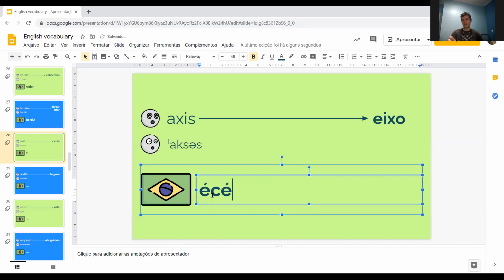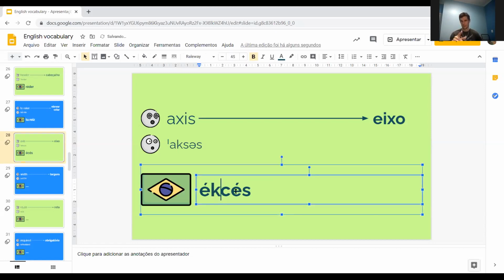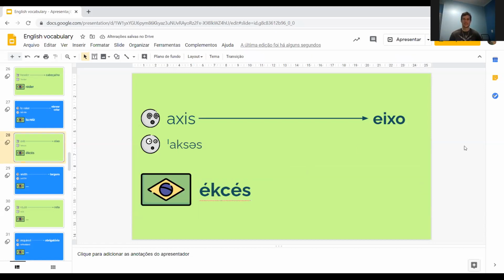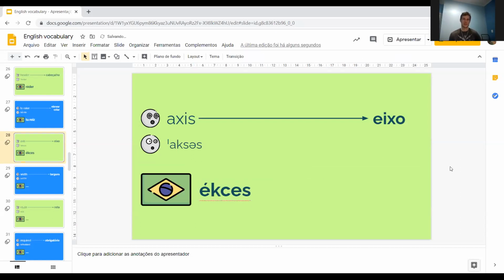What you wrote was more of an E sound, like a short E. But this word is axis. And you got to emphasize the first syllable. Axis. Good. And axis of a graphic.